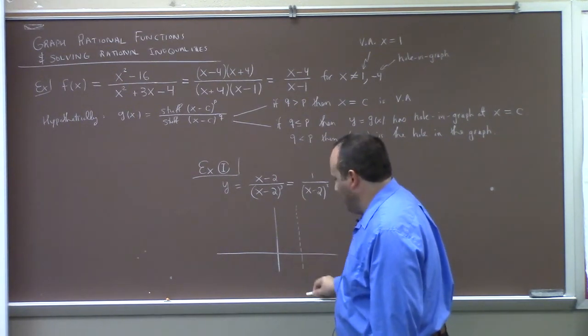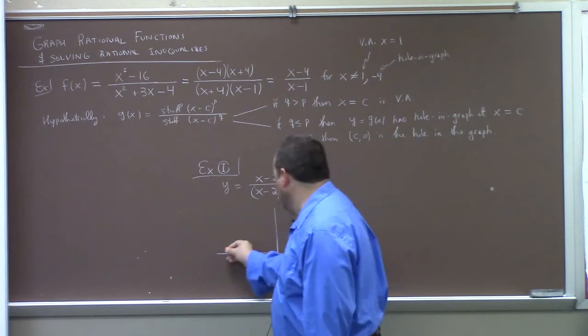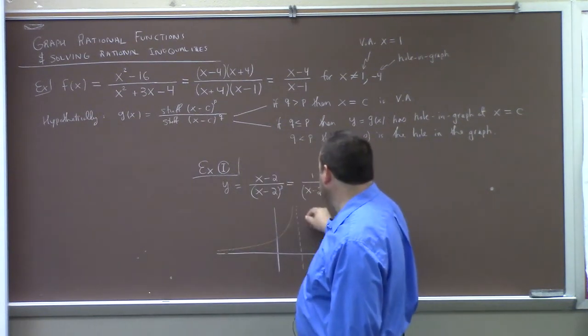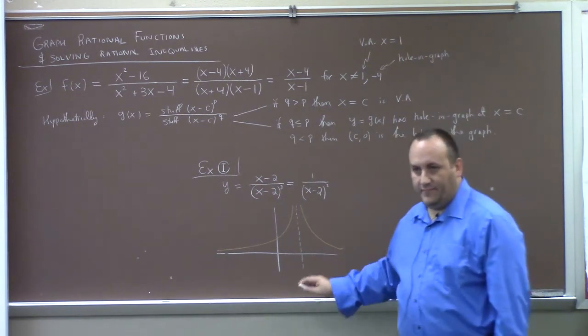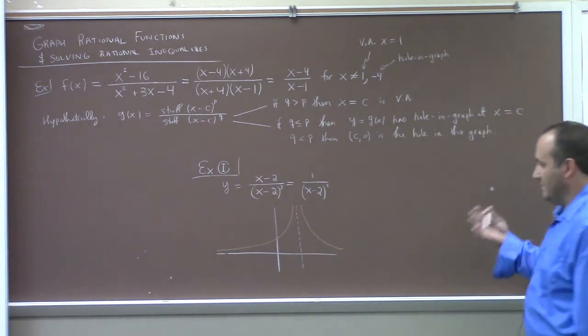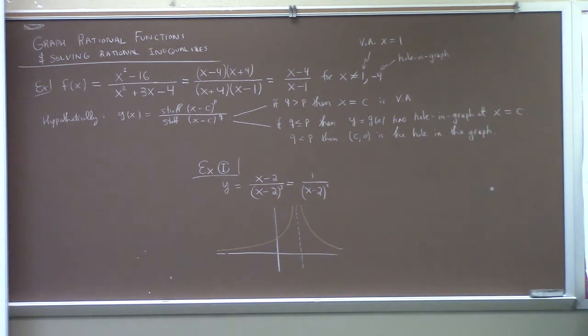I call this thing the volcano graph, right? That would be the case where the factor in the denominator wins.